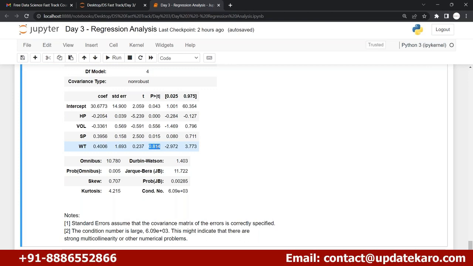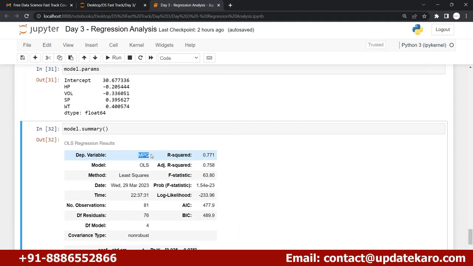The p value for the weight column is 0.814, which is greater than 0.05, the default value of p value that we use most of the time. So again, this column is also insignificant. This column is not contributing to make the prediction about the MPG.